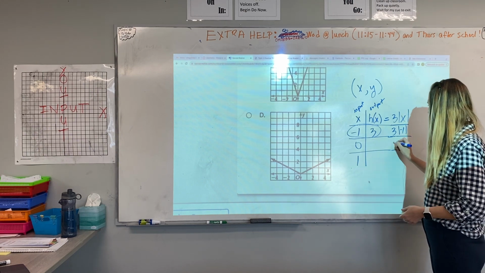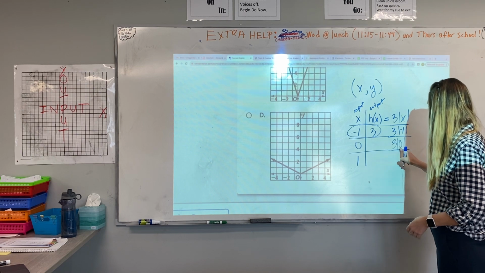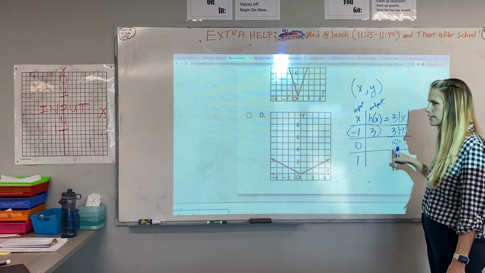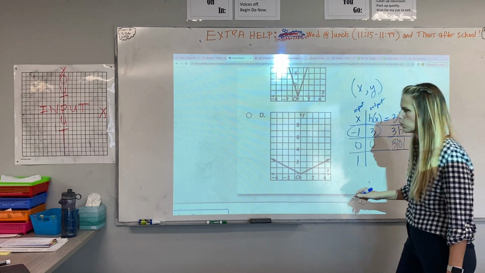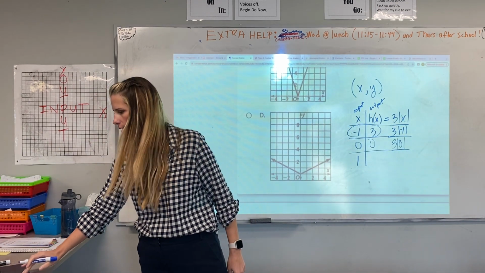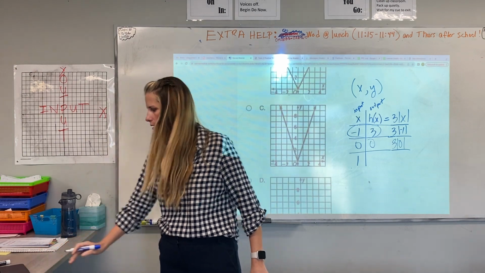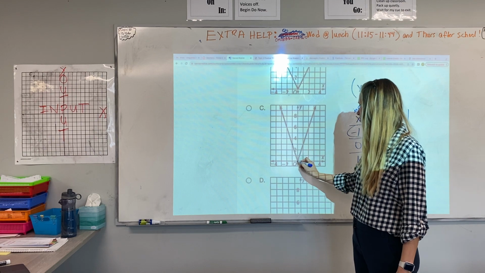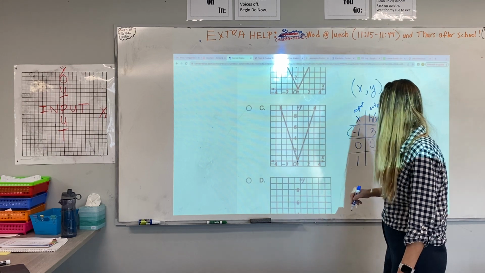How do you do it? Keep plugging in. Plug in your input 0. 0 absolute valued would be 0, times 3 is 0. 0, which I'll show you back on C, that 0, 0 is also in here. So we have 1, 3, 0, 0, which by the way is also on the other choices.